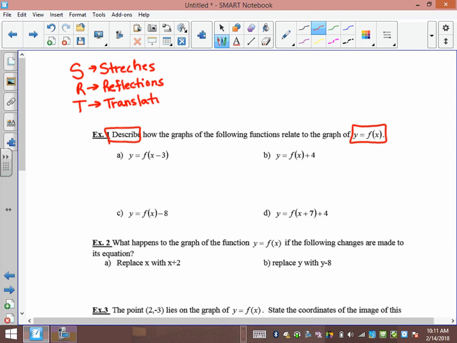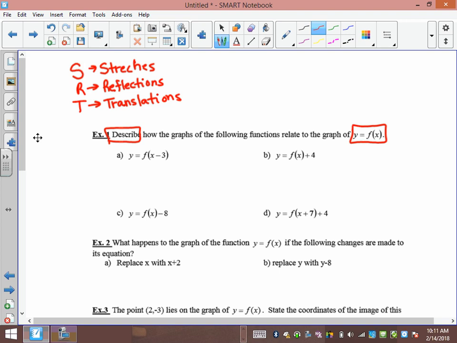And the reason why you do them in this form, and in that order, is because that is actually order of operations. Stretches and reflections multiply by the variable, and then translations, addition and subtraction to the variable. Okay, so you're just doing order of operations, that's all.